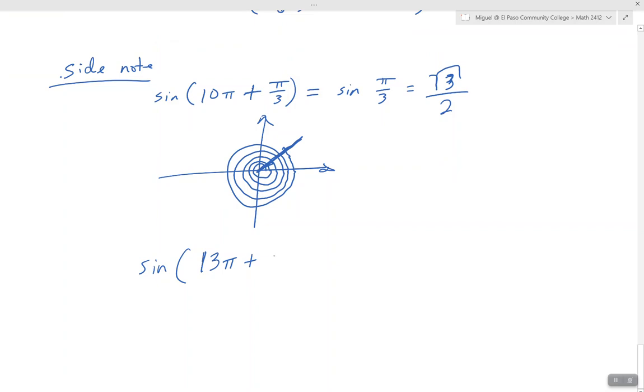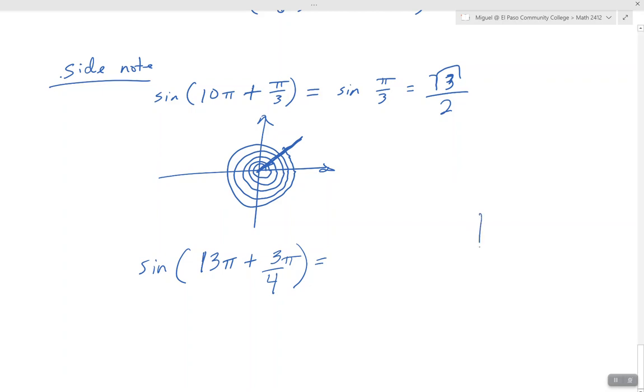This one's a little less confusing. Let's say you had to do 13 pi plus 3 pi over 4, just in terms of finding where the quadrant would be.